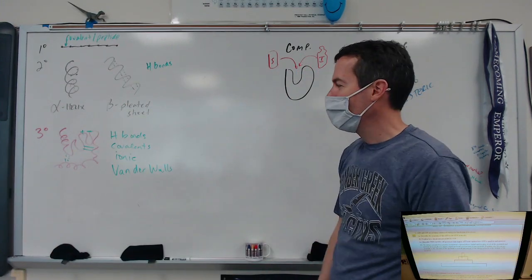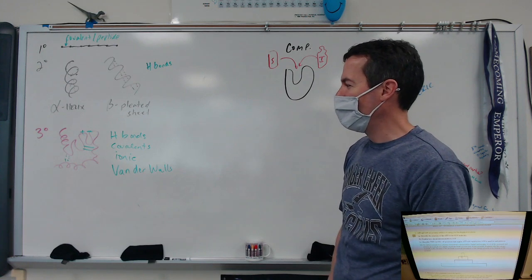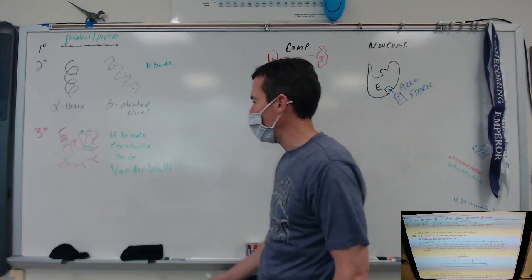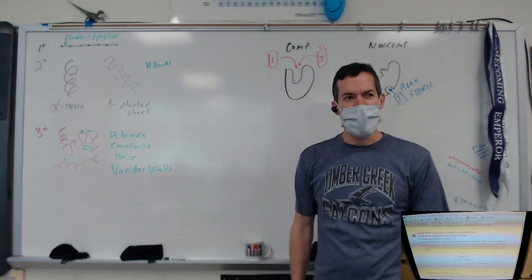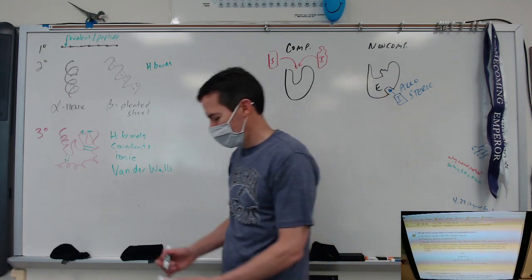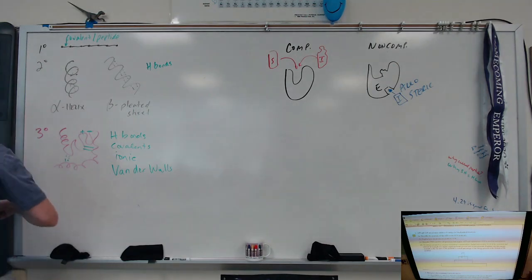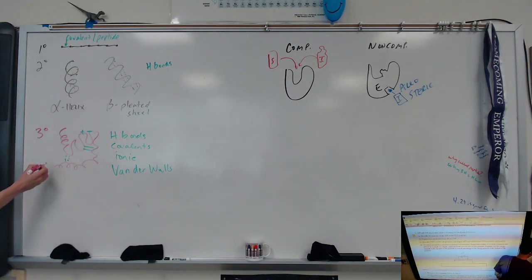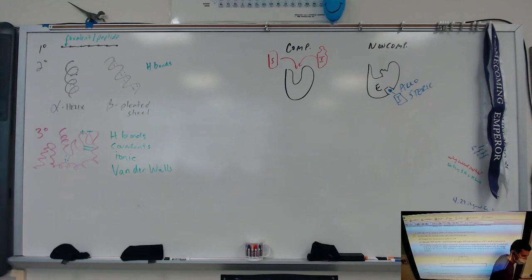And then quaternary. What's the difference between just a bigger tertiary and a quaternary? Is it just once I add four or more or five or more alpha helices and beta pleated sheets, or what do I have to do to make quaternary?